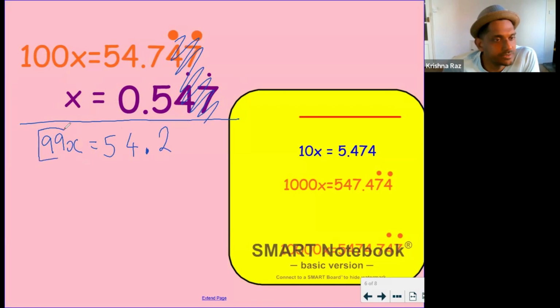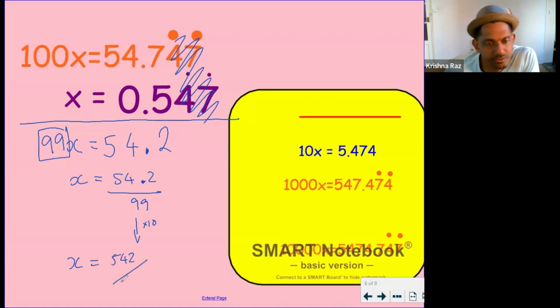And now all that's left to do is divide by 99. We're not liking the 54.2. So we have 542 over 990.